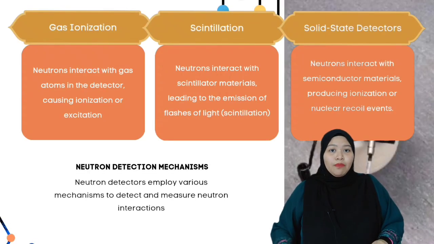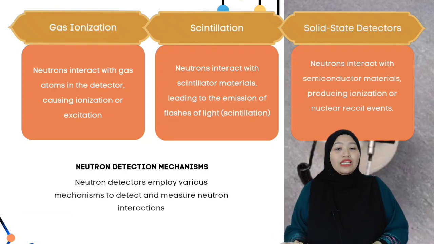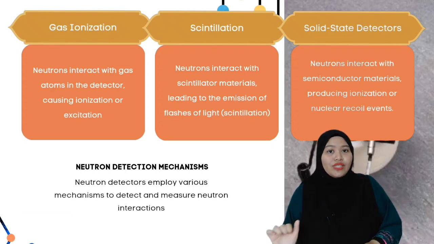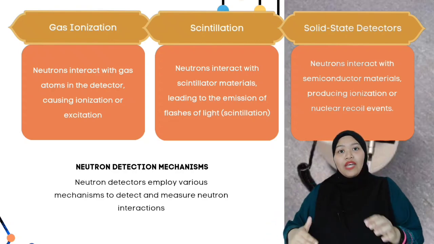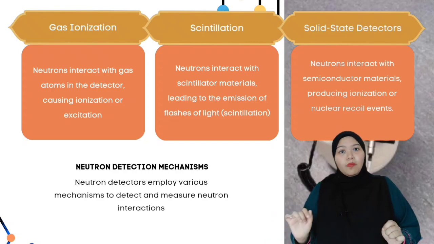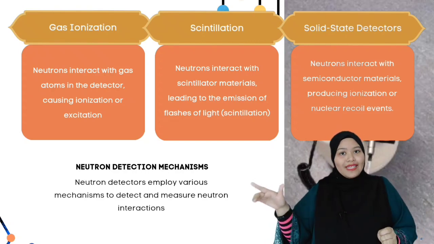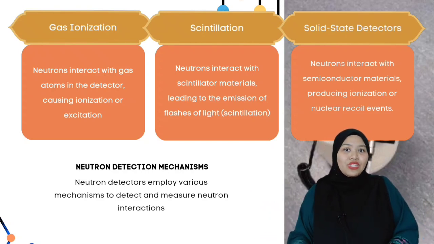Neutron detectors employ various mechanisms to detect and measure neutron interactions, such as gas ionization. Neutrons interact with the gas atoms inside the detector, causing ionization or excitation. The resulting charged particles, electrons or ions, can be detected and measured. Next, scintillation.